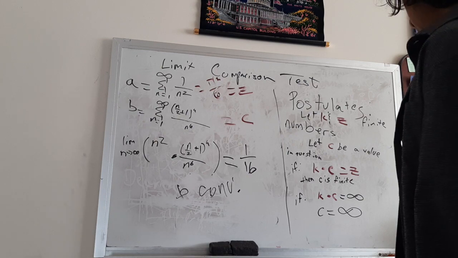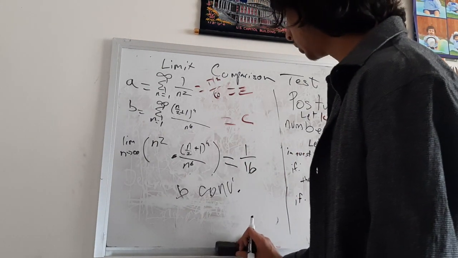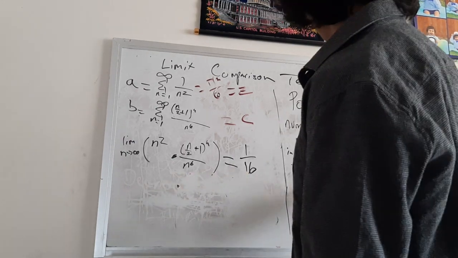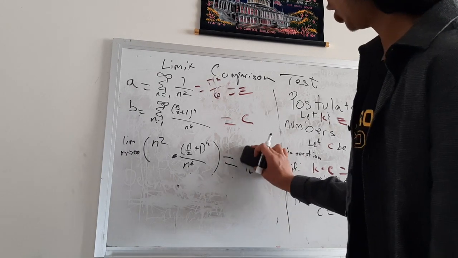The other big idea is that if Z is infinite, the opposite happens.